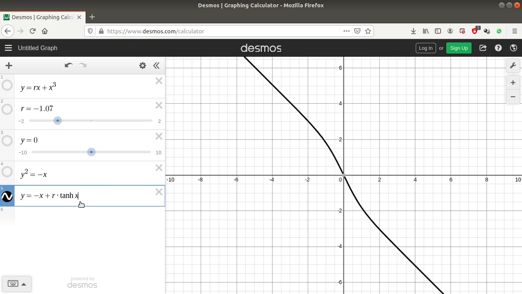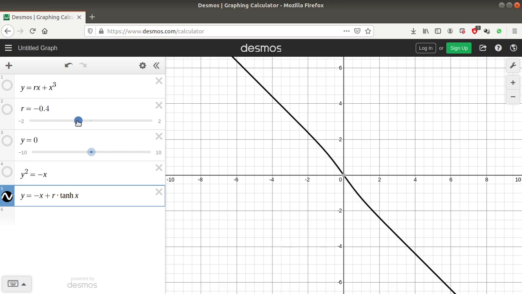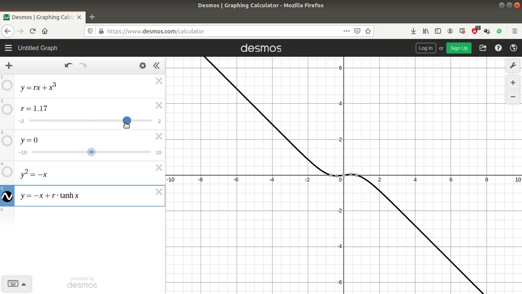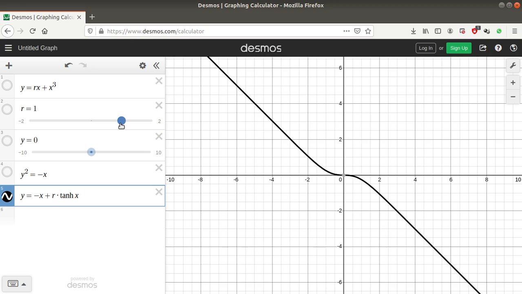So now this is the r value. Okay, so somewhere the bifurcation happens.